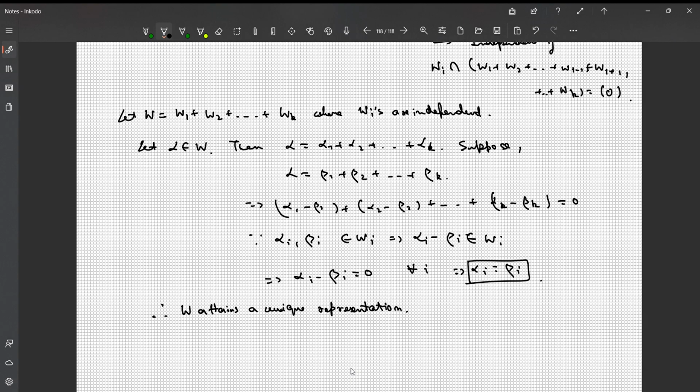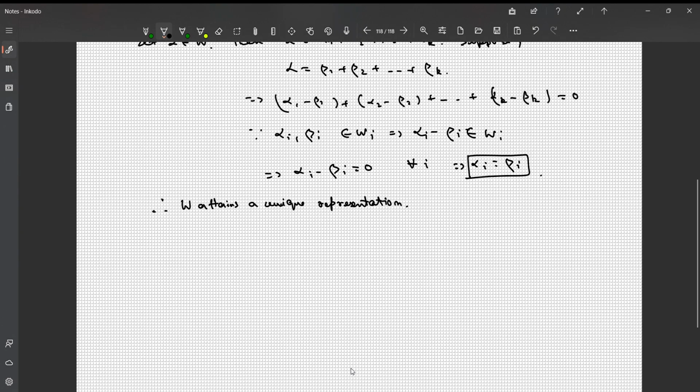And if it does, then you can think of W as k-tuples, with elements coming from the Wi's. That's one more trivial observation.